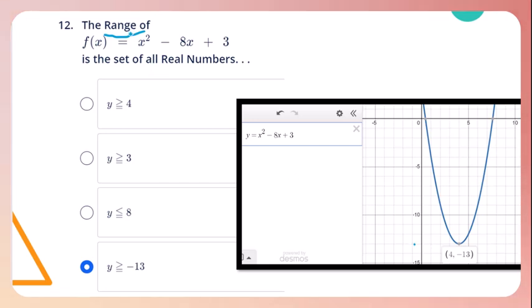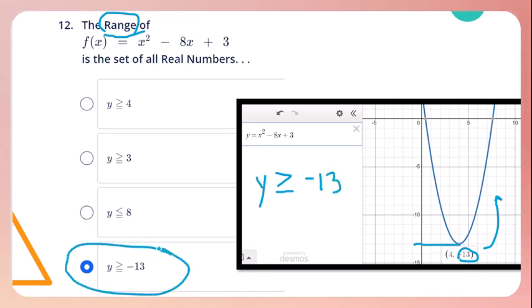Let's look at what we're trying to find. The range is our y values. So I'm going to look here, and we start at negative 13 and we go up. So y, not x, our values are greater than or equal to negative 13. So that's this one right here.